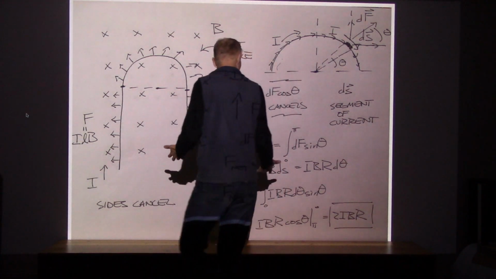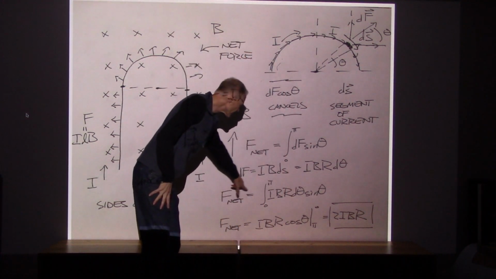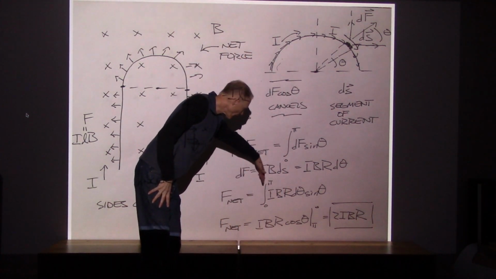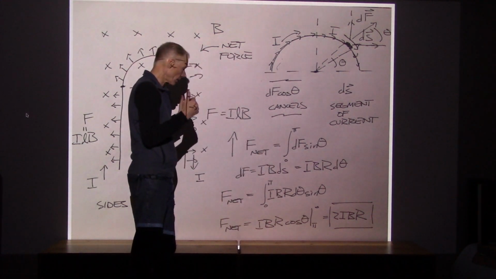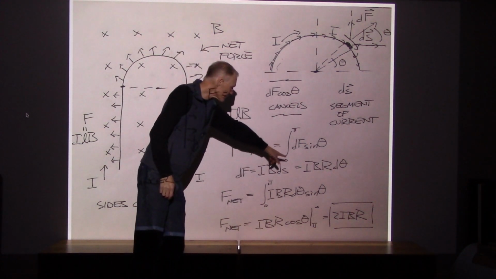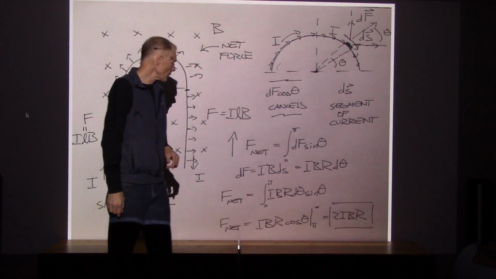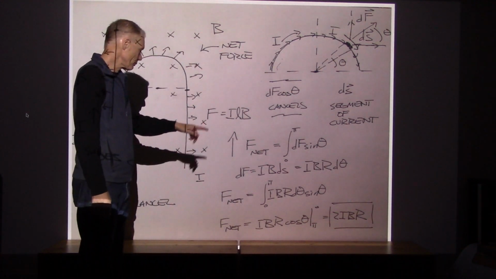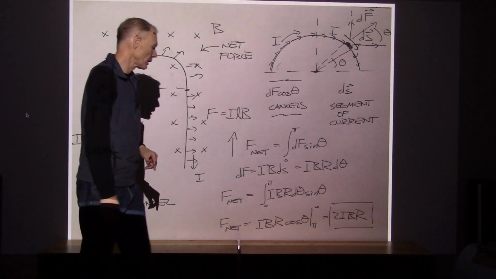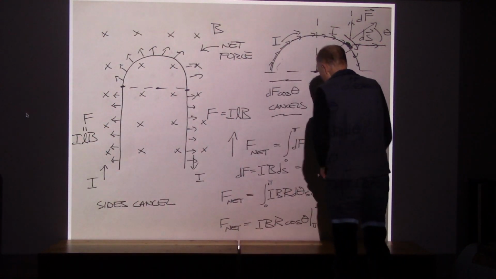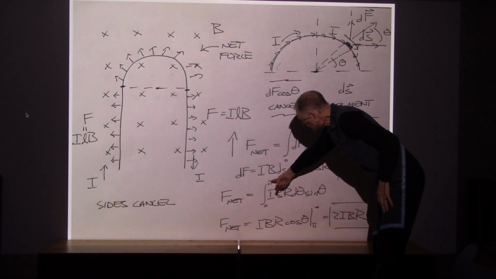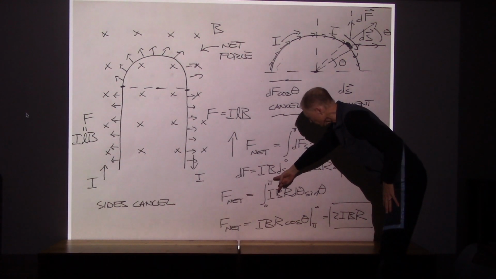And then I've got everything set up. So at that point, I can set up all of my integration. The I and the B are constant, and the R, they all come outside. I integrate the sine theta d theta, and that gives me a cosine, or a negative cosine. And then I flipped limits, which I do all the time.